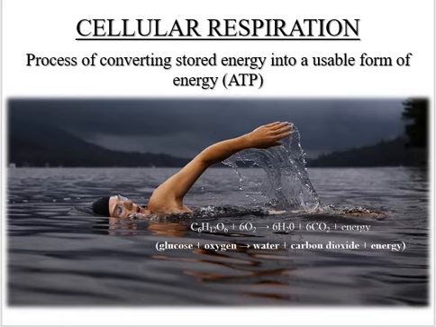Now, what can be used as fuel in respiration? Well, carbohydrates, fats, proteins, all of them can be used as fuel. When all three are available in the cell, carbohydrates will be used first, followed by fats, and then proteins.